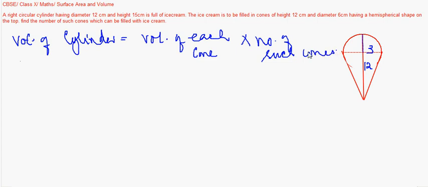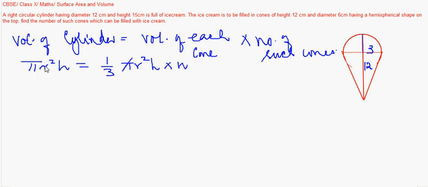So what is the volume of the cylinder? It is given by pi r square h. Volume of each cone is 1 by 3 pi r square h, and the number of cones that is supposed to be calculated, we keep it as n.